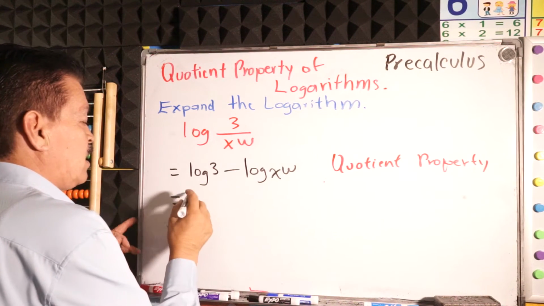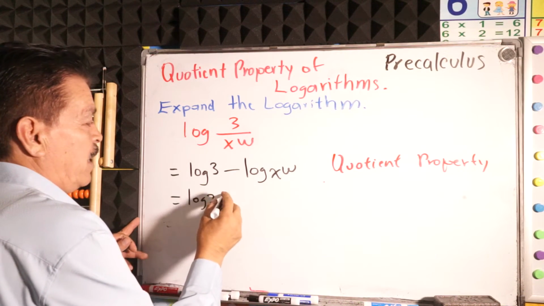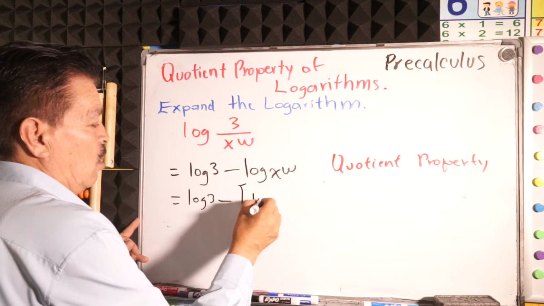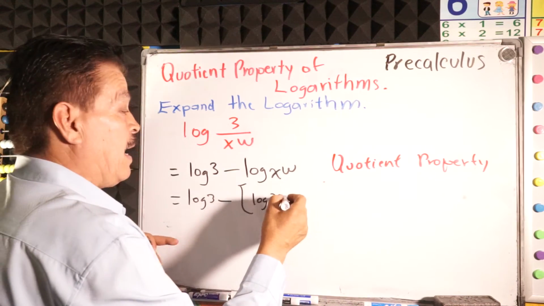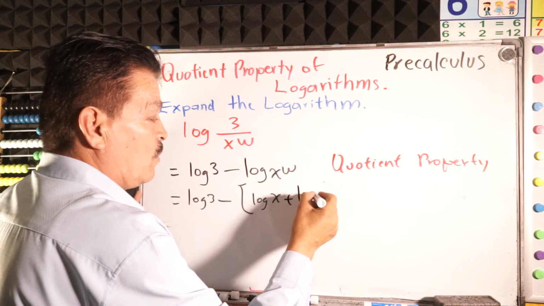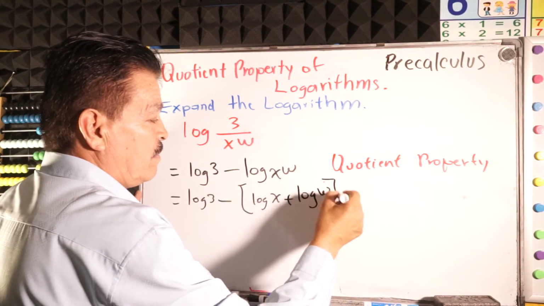Next step is log 3 minus log x plus log w, right?